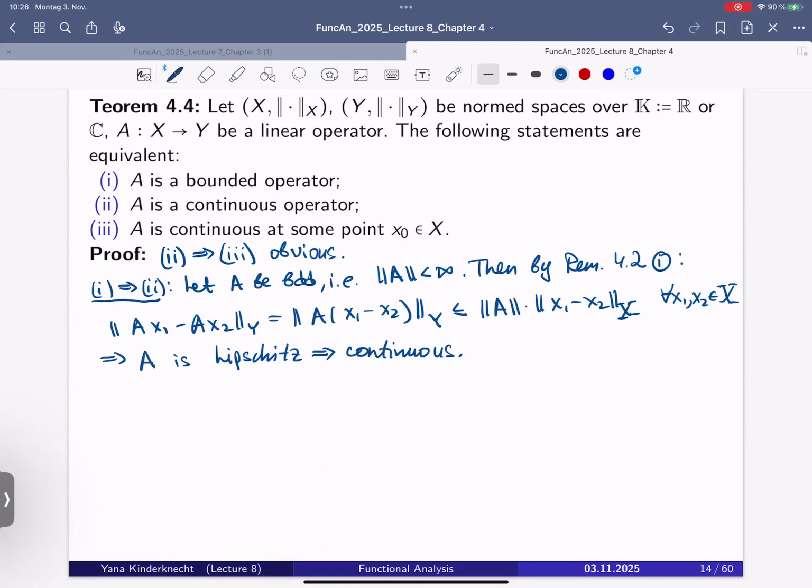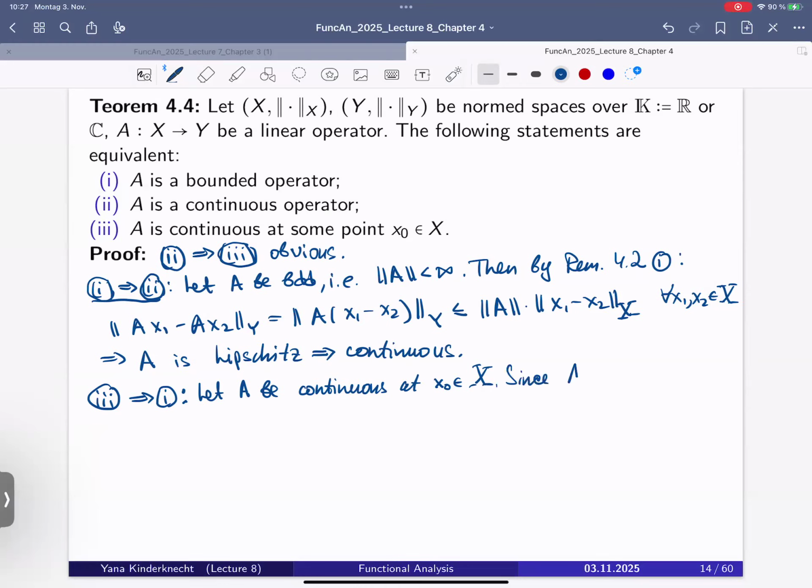Okay. Now let us show that 3 implies 1. So let A be continuous at some point x0, just in one point probably. This is all the information we have.